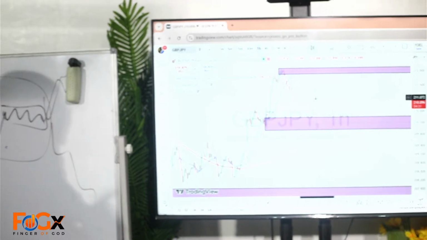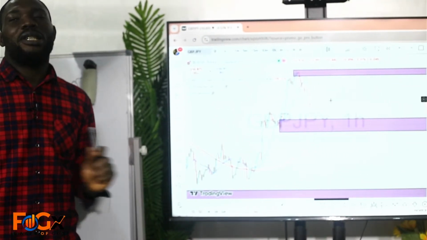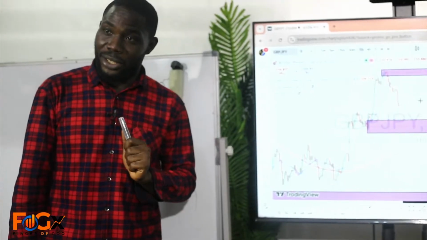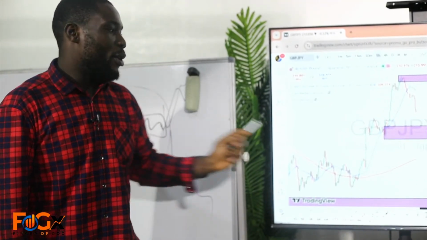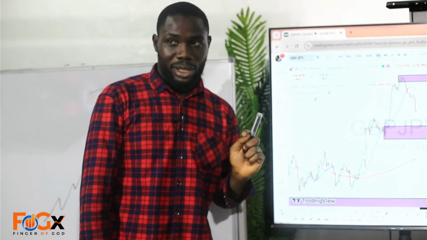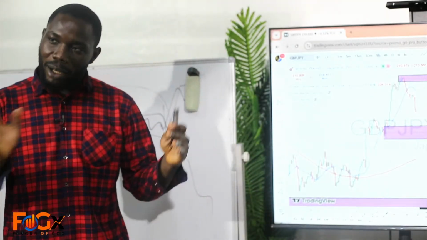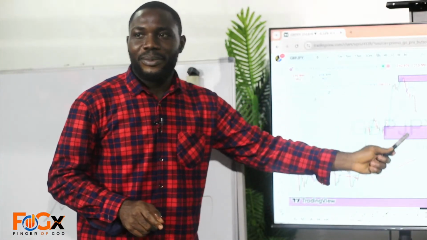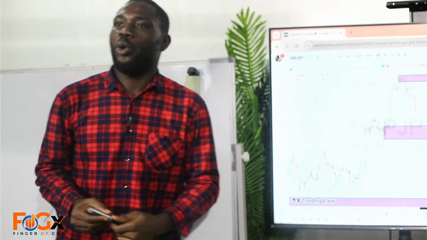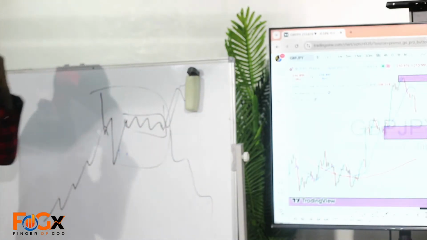If you remember, GBP JPY, we were in a range. Samson did analysis on GBP JPY. We were breaking out of the range. Now we've come back to GBP JPY. GBP JPY now is selling. It's now retracing. So what should play in your head?